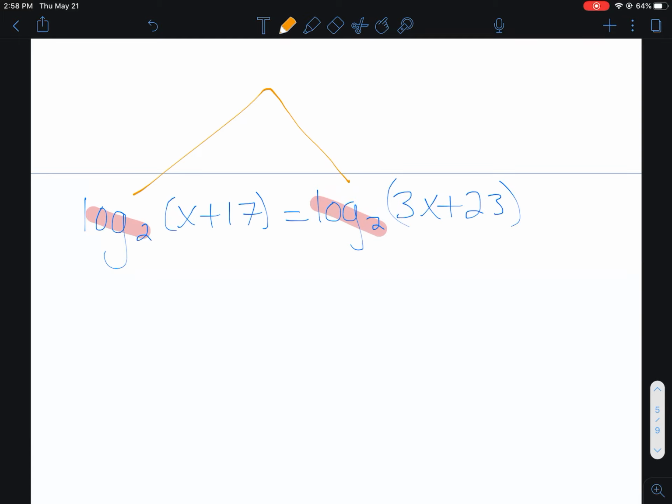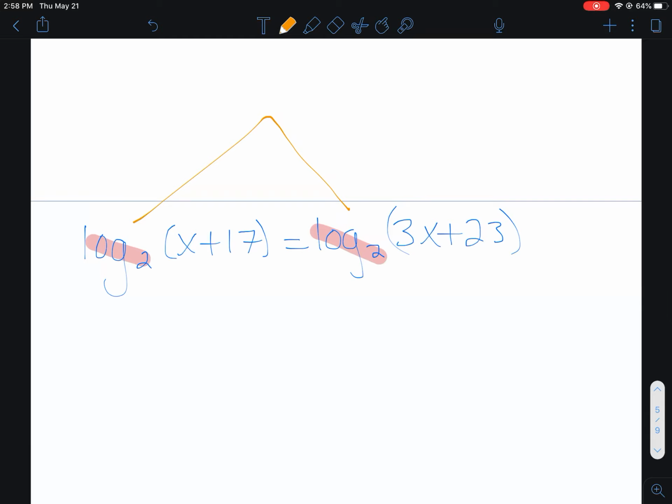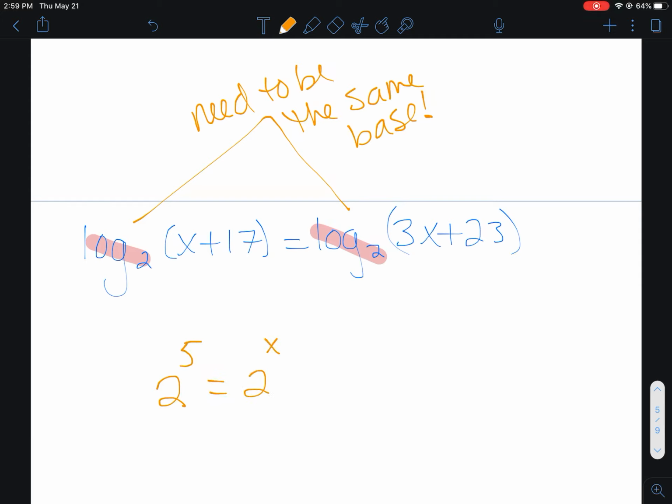And the key here is these logarithms, in order for you to cancel them, they have to be the same base. Okay, so you have log base 2 on the left and log base 2 on the right. Well, just like when we had 2 to the fifth equals 2 to the x minus 1, when the bases are the same, we can ignore them and set the exponents equal to each other.